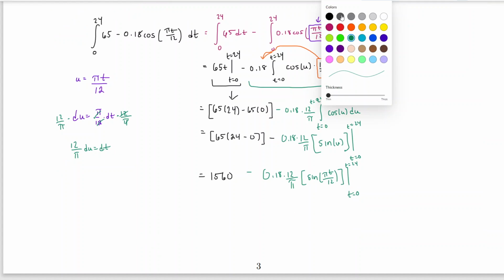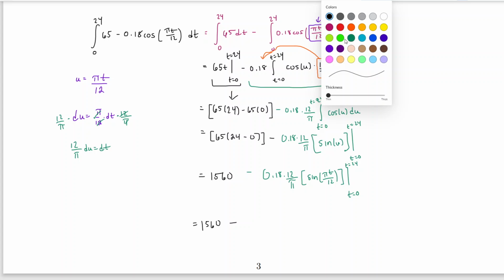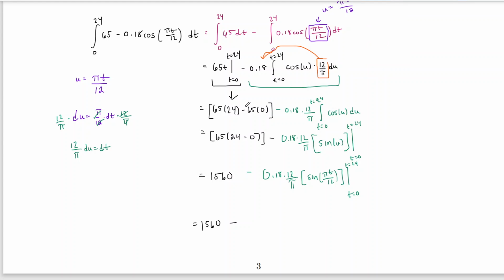All right, and one more step and we'll be done, because now we can finally plug in. We got our 1560 in front, minus. Now, just the way I did it last time with the 65, and I kind of showed you here, I'm just going to leave this stuff out front, the 0.18 times 12 over pi.